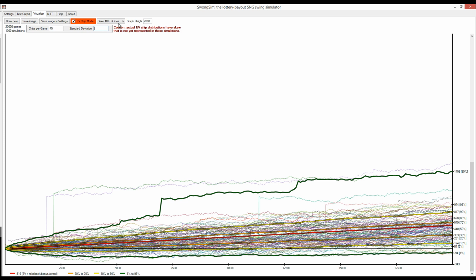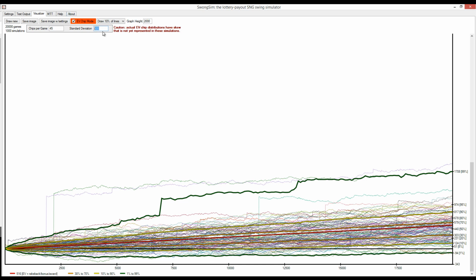But note this caution. Actual chip EV distributions have skew that is not yet represented. To me, skew acts like extra variance or extra standard deviation. So I prefer using a higher standard deviation than the real one to try to take into account the skew. I use something like 500 standard deviation.